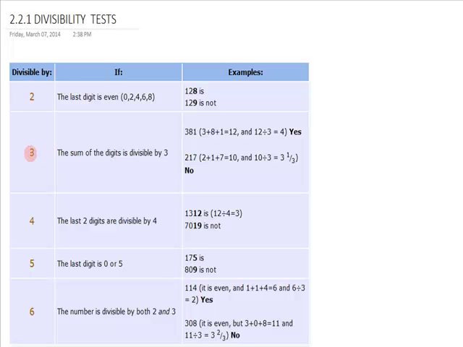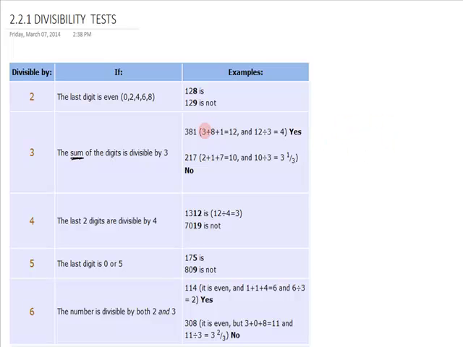A number is divisible by 3 if the sum, that means to add, the sum of the digits is divisible by 3. Let's take 381. Yes, I could go off to the side and divide that by 3, but here's a shortcut.